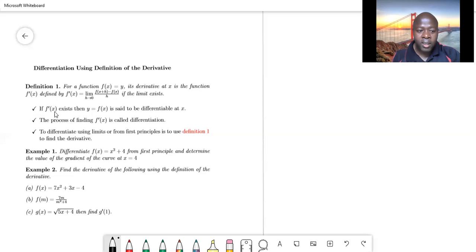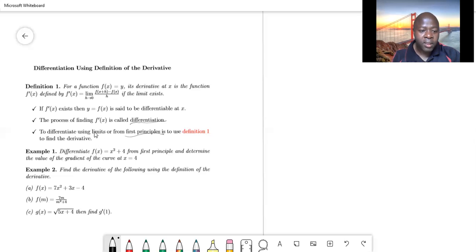The process of getting this f prime of x, the process of getting this derivative, is what we call differentiation. Now, when you're using this formula to get the derivative, we can say you are differentiating by use of the definition of derivative, or you are differentiating from first principles.